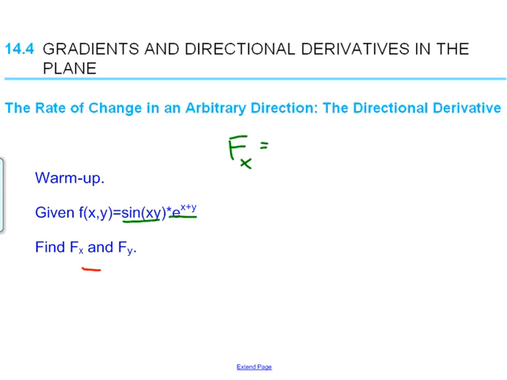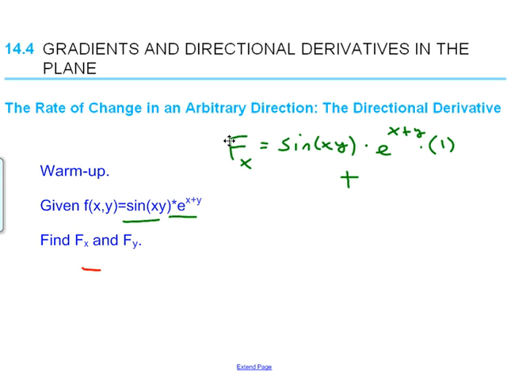So if we take the first times the derivative of the second, well, that's derivative of e to something is just e to the x plus y times the derivative of that inside, which is just 1, plus now we take the derivative of the first, which is cosine xy, times the derivative of that inside, which is y, times e to the x plus y.